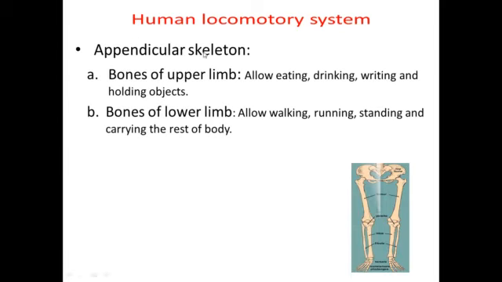The second skeleton of the body in the skeletal system is the appendicular skeleton. The appendicular skeleton consists of the upper limbs and lower limbs. As we can observe in the following figure, the upper limb consists of three bones, which are the humerus, forearm, and hand bones.